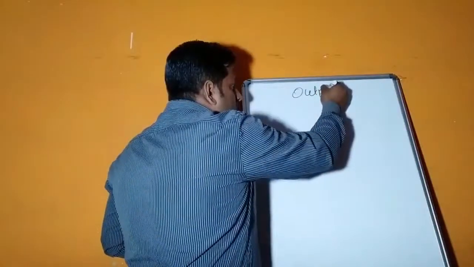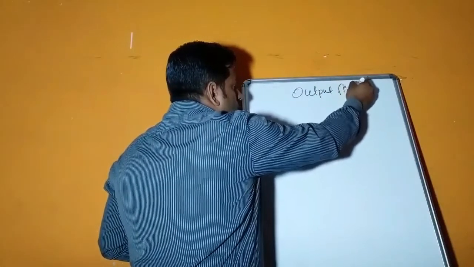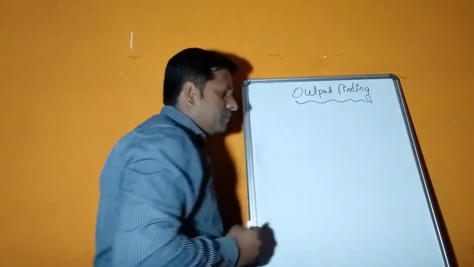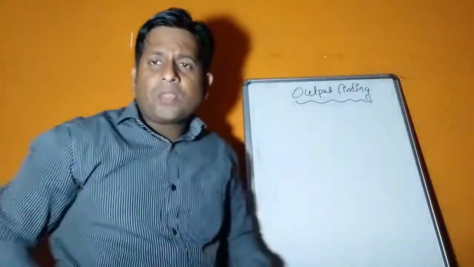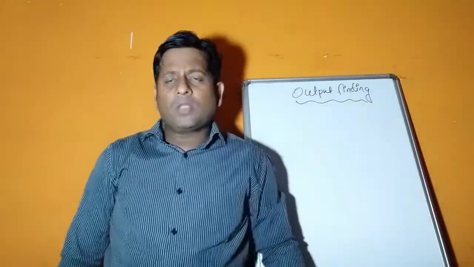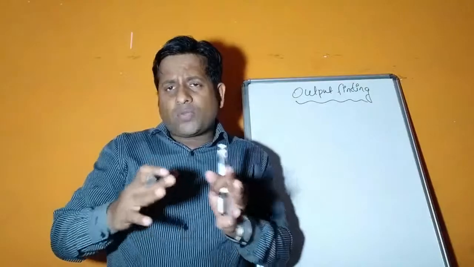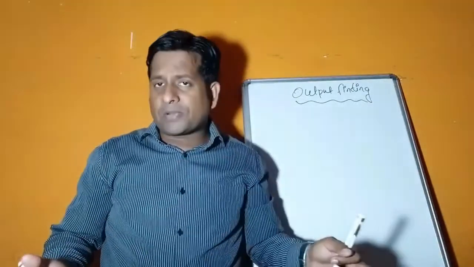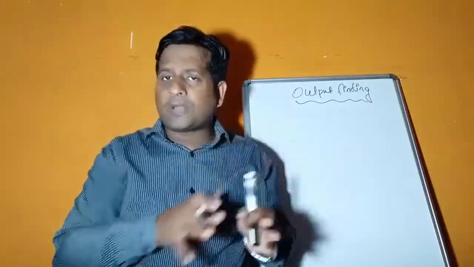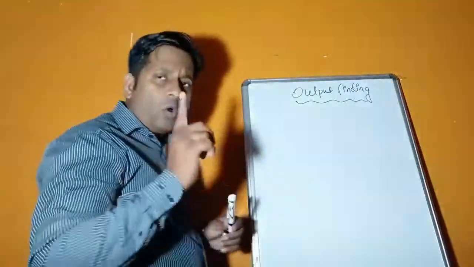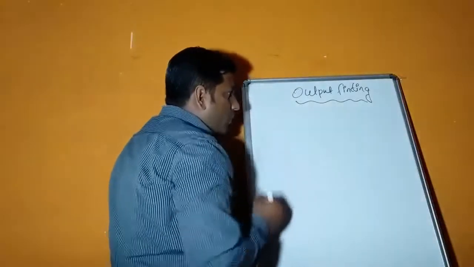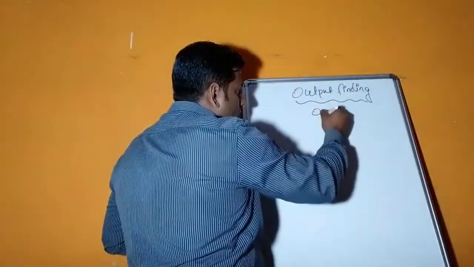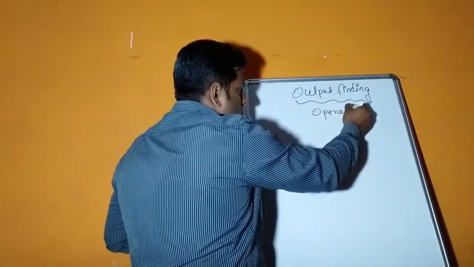So our topic is output finding. Okay, children. Now see what is output finding. Basically, you get output finding from different types, like from looping, or from operators. Today we'll be learning from operators.